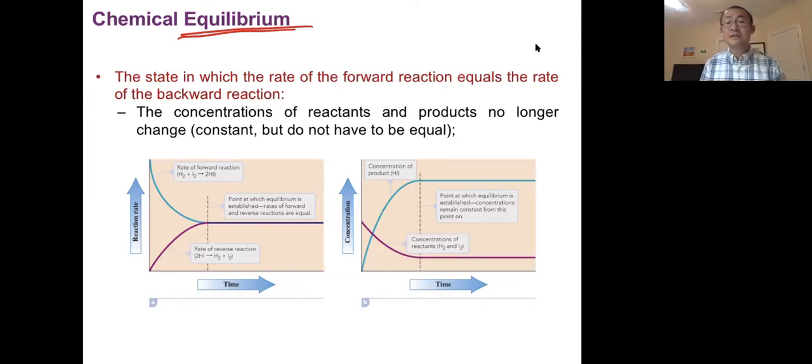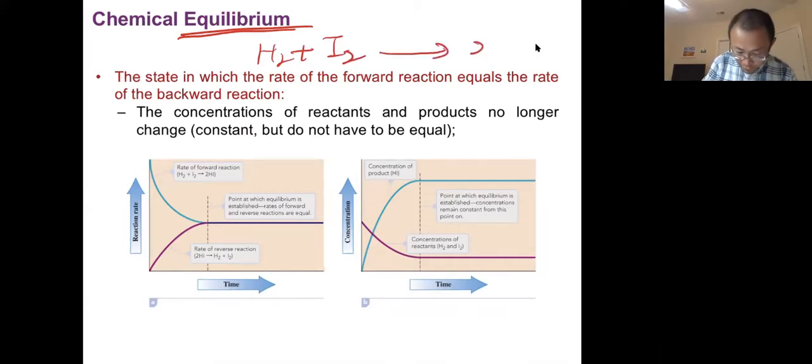Because we're talking about chemical equilibrium. So if I have a reaction like this, hydrogen reacts with iodine to produce hydrogen iodide. This reaction is reversible.